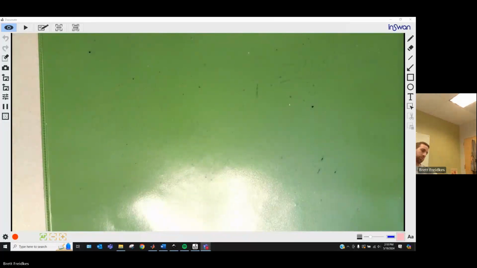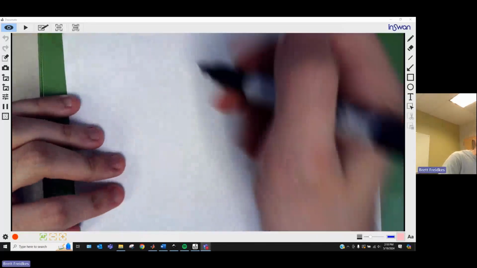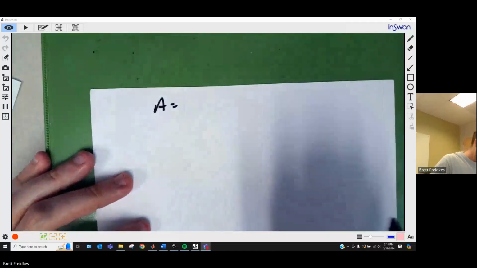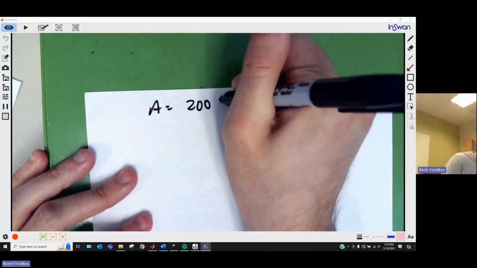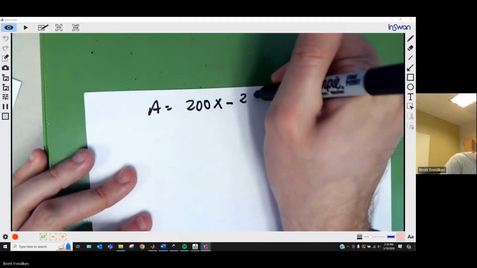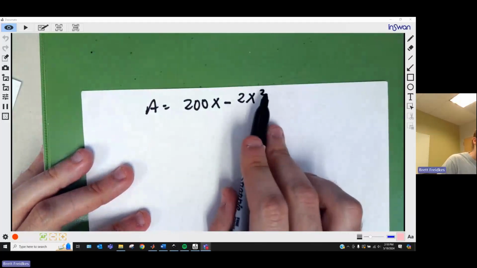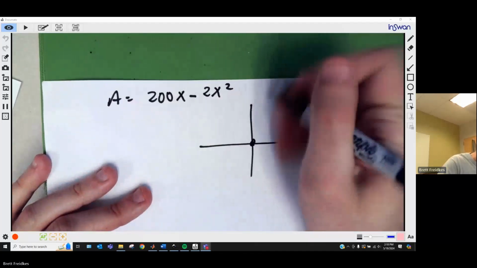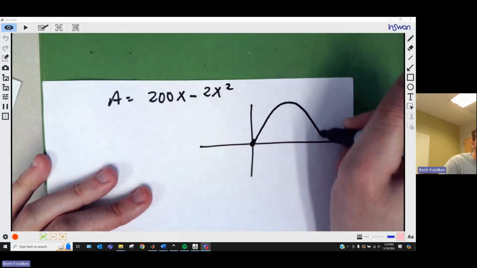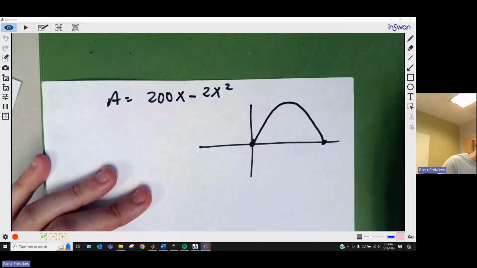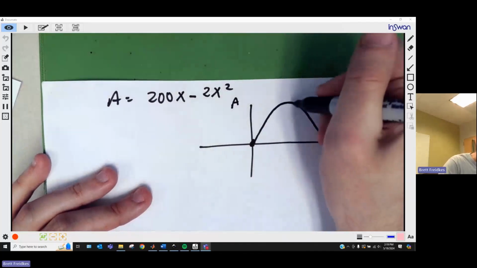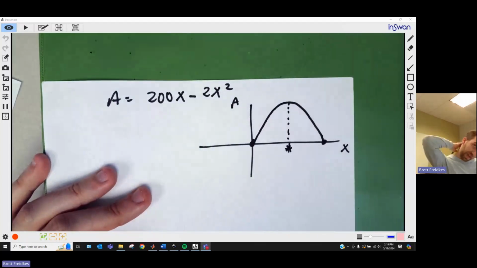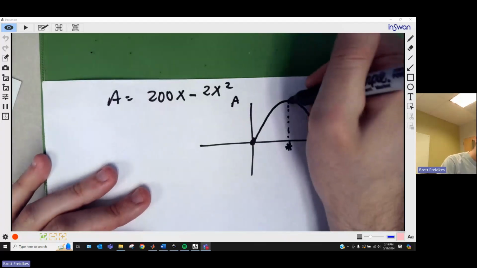So if we were to draw a picture of that graph, I'll write down the equation again. A is equal to 200x minus 2x squared. This is a parabola because of the x squared. So if we were to draw something, we would see some graph that kind of looks like this. If this is x and this is the area, there is a specific value of x that we want to find. I just put a little star to say that's the one we want to find.